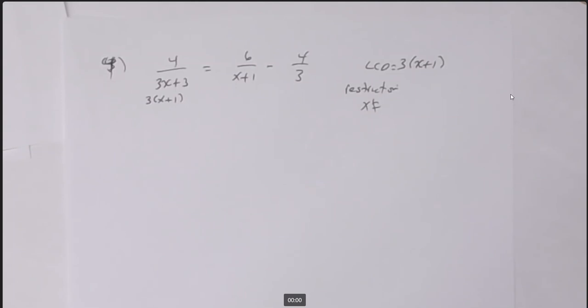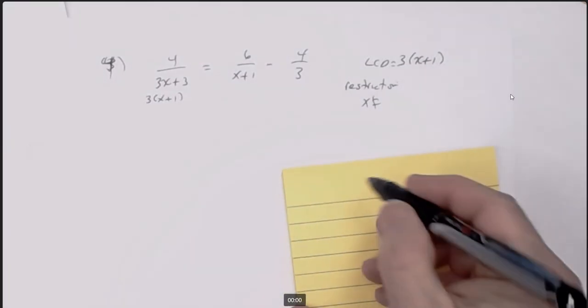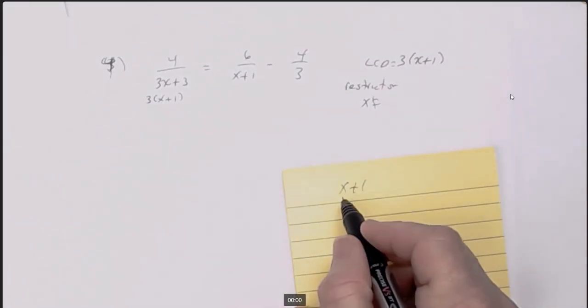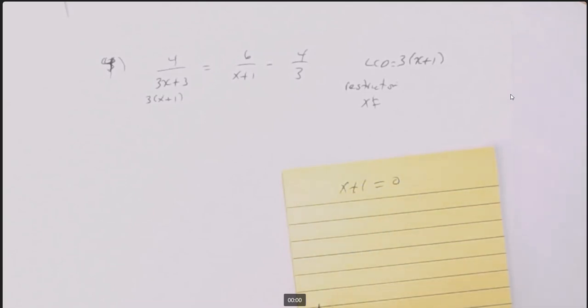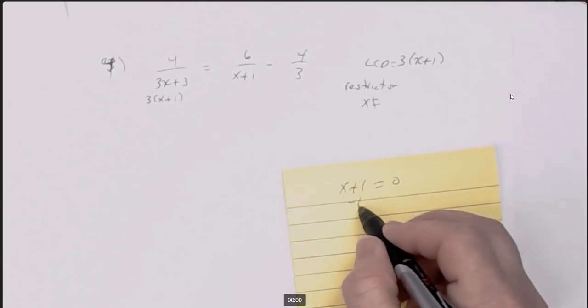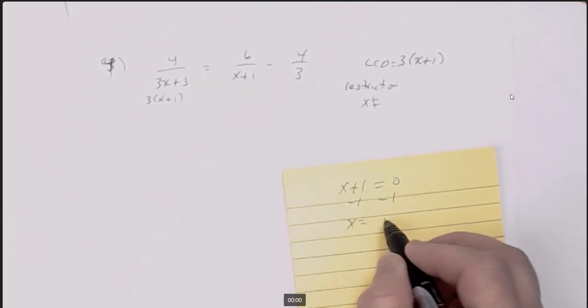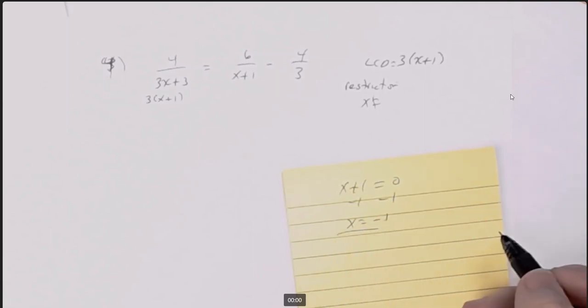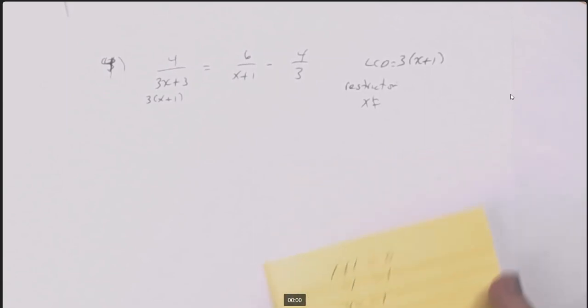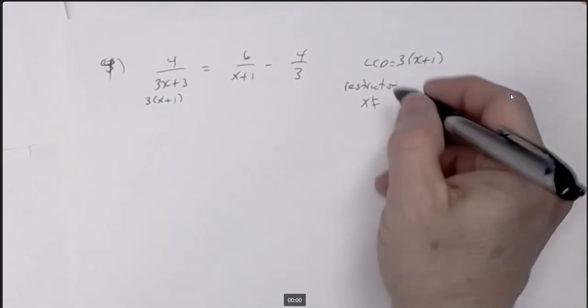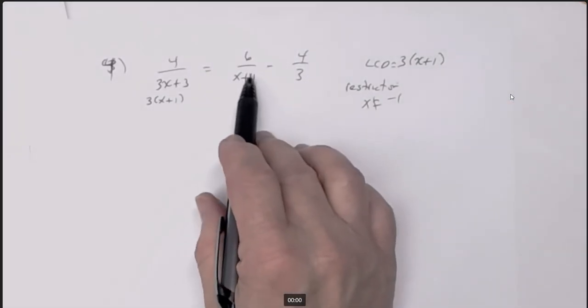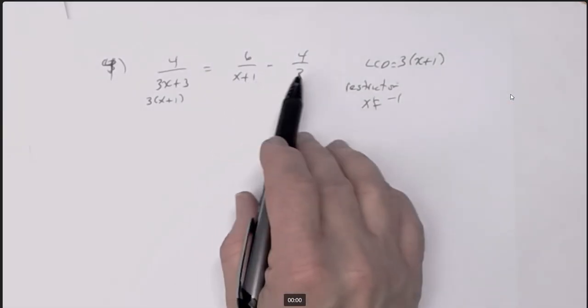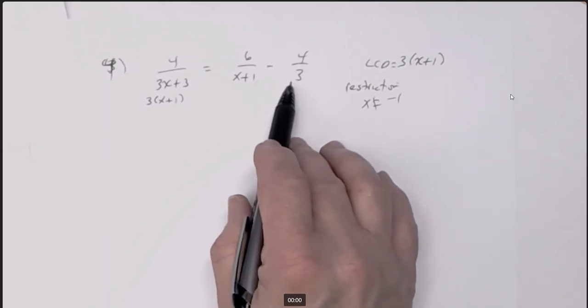And you solve for x. So subtract 1 from both sides. You get x to be what? Negative 1. So that's all you're doing. And then this I already did. Is this ever 0? No, because there's no variable. So there's only one restriction, and that restriction is negative 1.